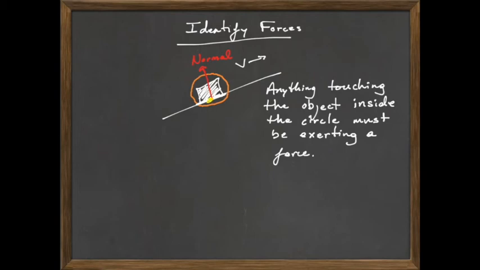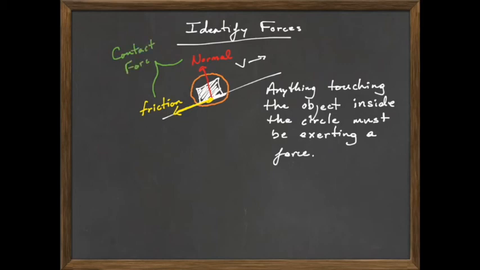So we make a dot, tail end of our vector, and we would say friction goes in a direction resisting the motion of the object. Okay, and so since that surface was the only thing touching the box in the circle, we're done with our contact forces. Okay, so these two things represent contact forces.